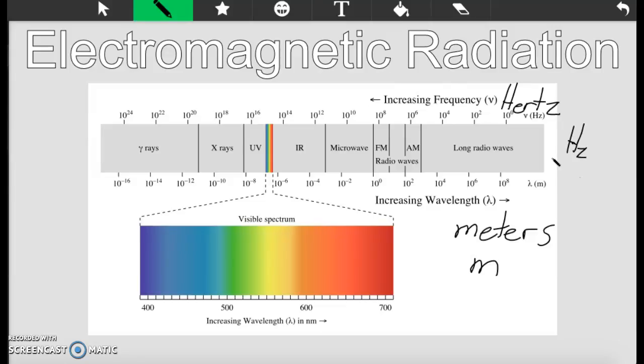Now, occasionally in problems, I'm not going to tell you, hey, this is the frequency, this is the wavelength. You need to be able to recognize it from the units. Hertz is a frequency, meters is a wavelength, and meters per second is speed. That one you should know from real life, things like miles per hour, feet per minute, things like that. Meters per second is speed.